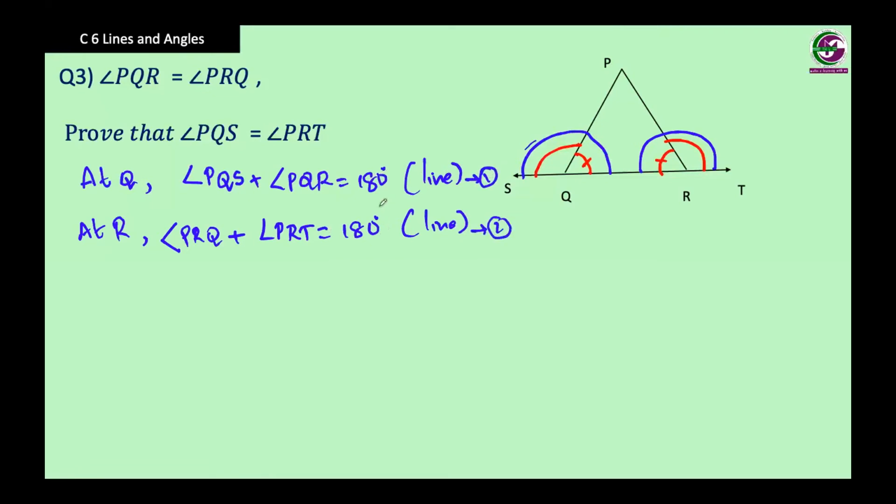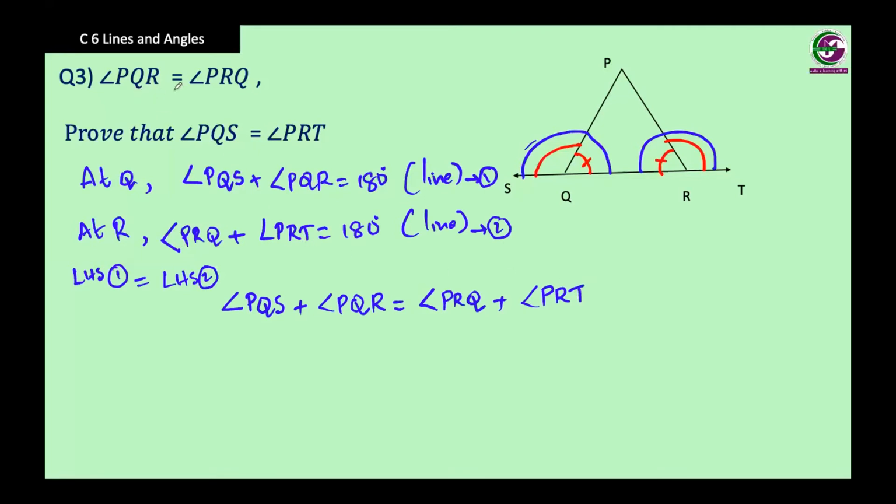Right side of both these equations are 180. So we can say that the left sides are also equal. So LHS of equation 1 is equal to LHS of equation 2. So let us rewrite by just copying all these angles. So angle PQS plus angle PQR is equal to PRQ plus angle PRT.